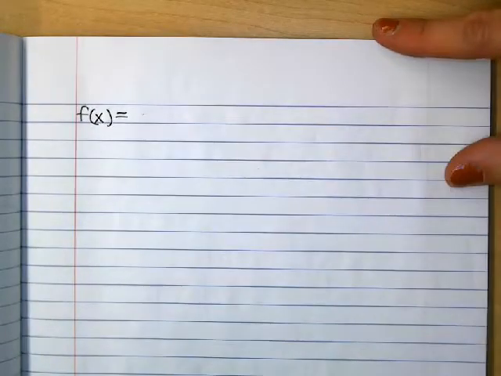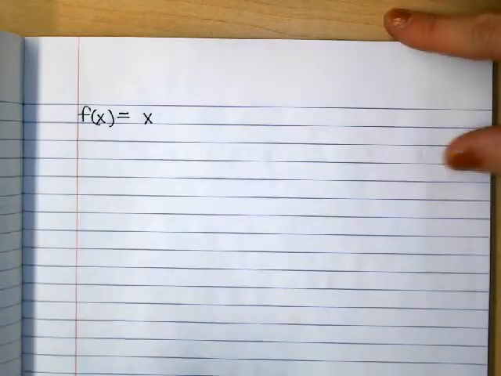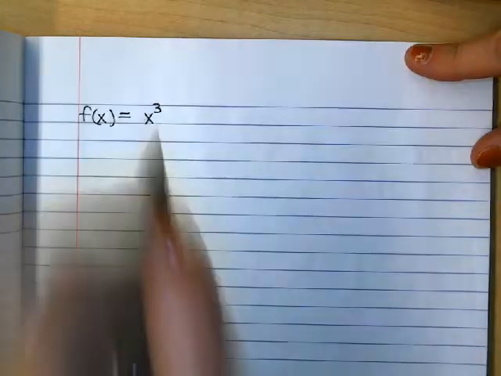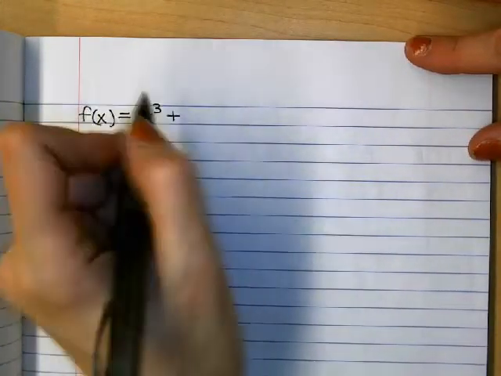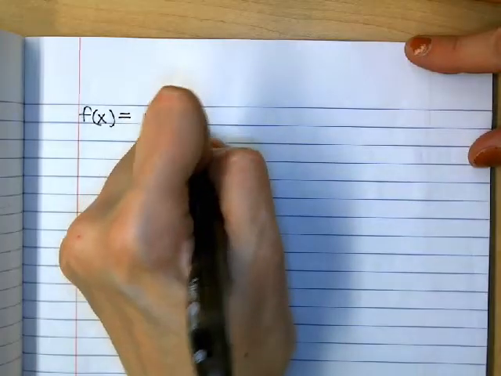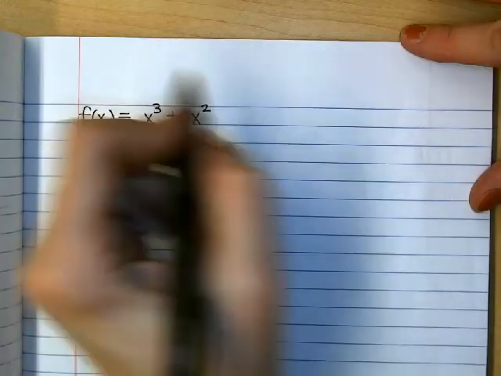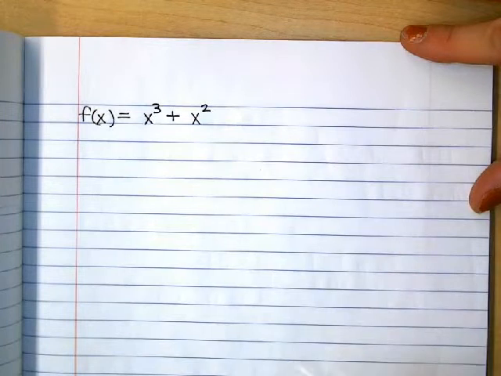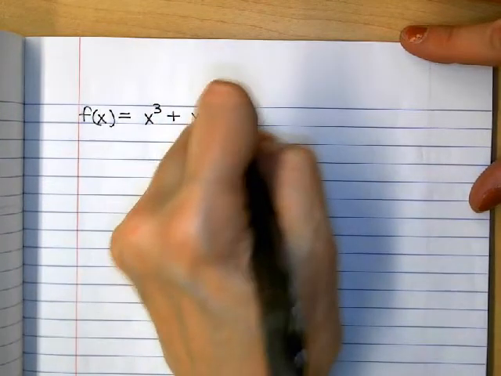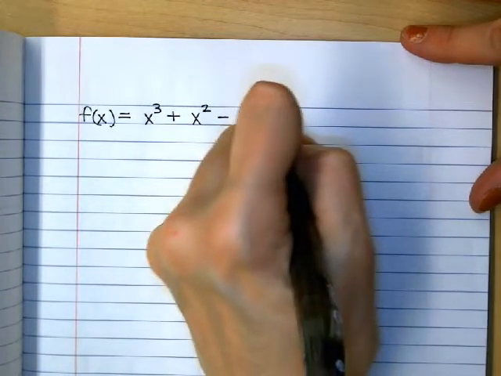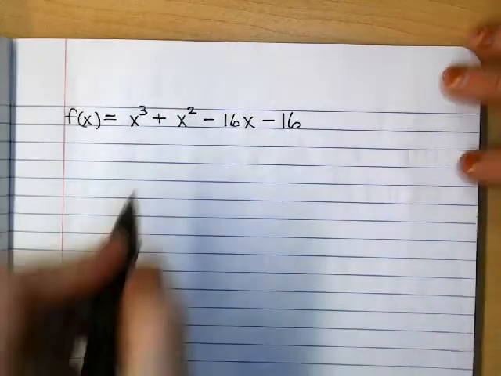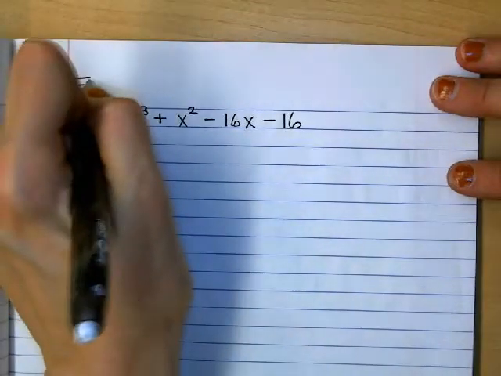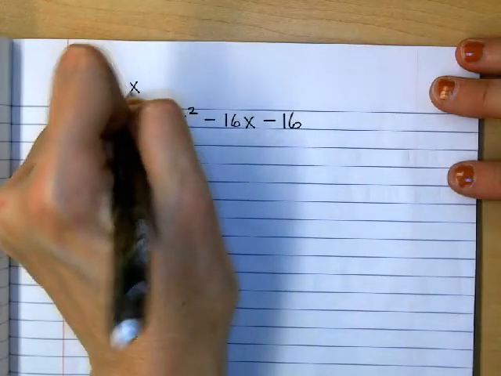It has x to the 3rd power plus x squared minus 16x minus 16. And we're going to do the same thing again. We're going to find the x- and y-intercepts.